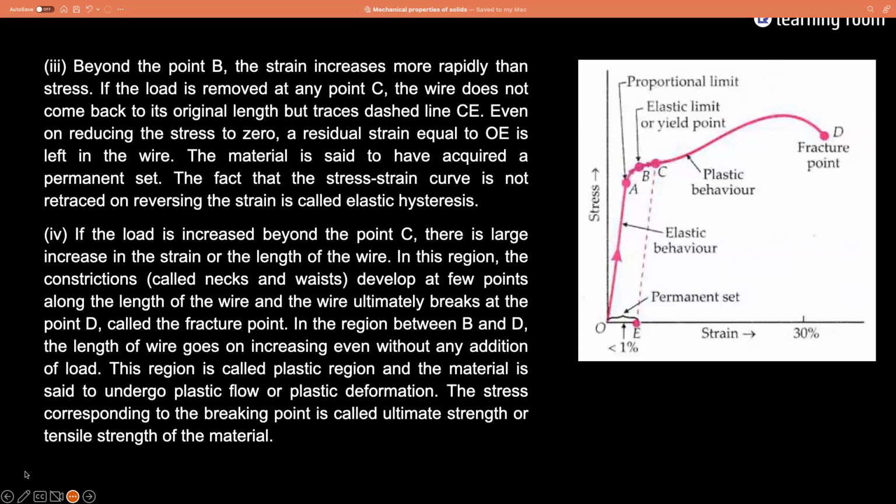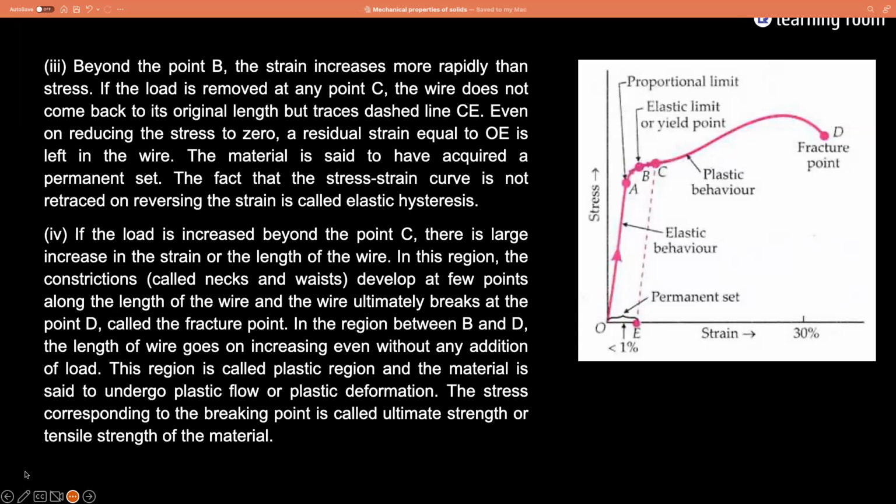So the material in this situation has acquired a permanent set. Meaning, it has got reshaped. That's the meaning of permanent set. Correct? So the fact that the stress strain curve is not retraced on reversing the strain, coming back in the same path, is what is called elastic hysteresis.